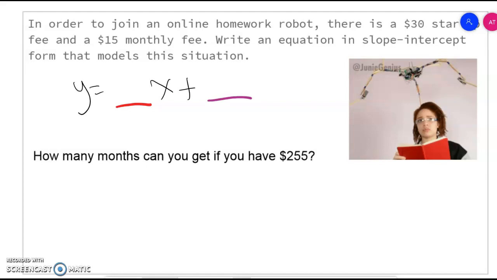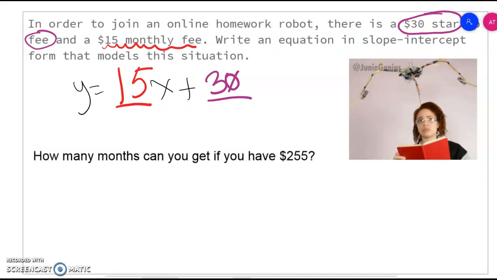So what is telling me what the slope is? 15, because it's a monthly fee. So I'm going to put 15 there. Now, my other number, it's a $30 start fee. So now I have my equation.